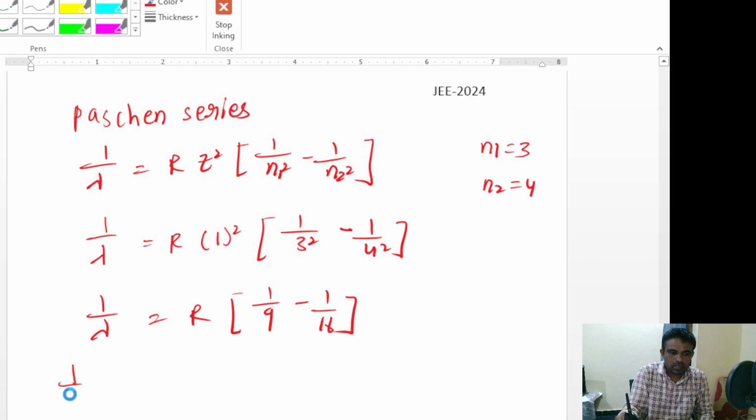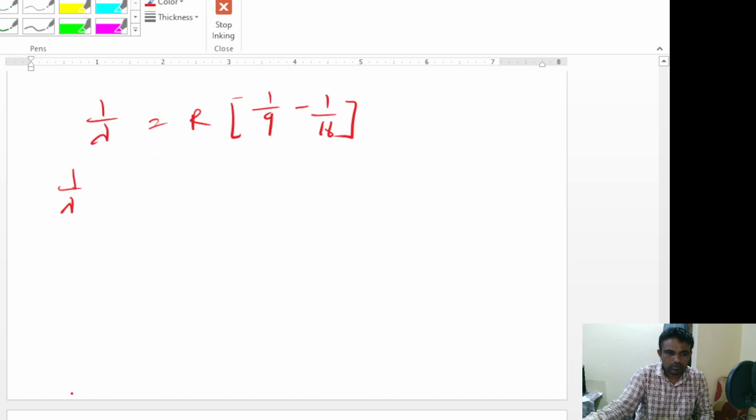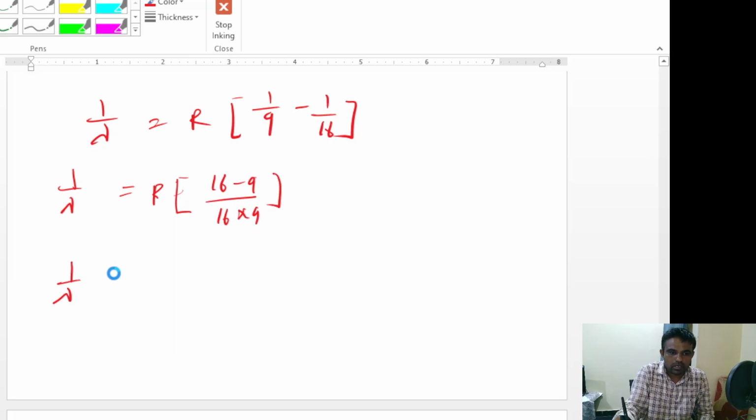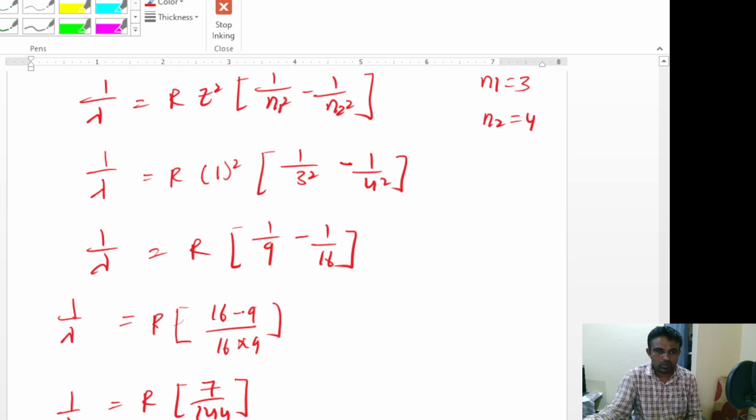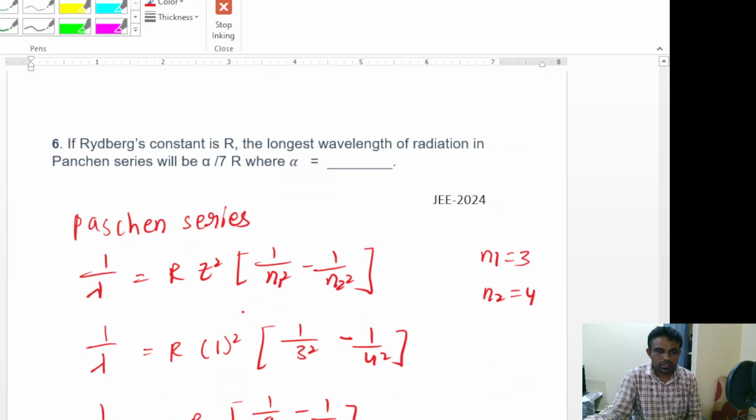So 1 by lambda is equal to R into 16 minus 9 by 16 into 9. 1 by lambda is equal to R into 7 by 144. So lambda is equal to 144 by 7R, the wavelength. In the question it is given alpha by 7R.